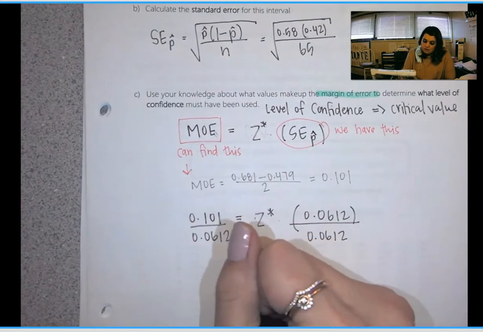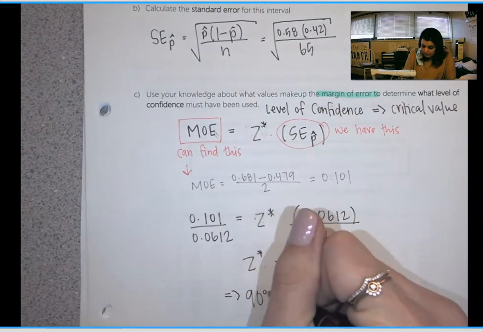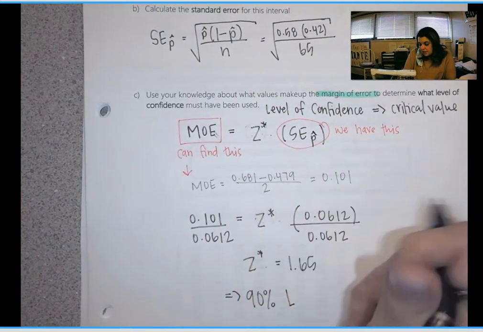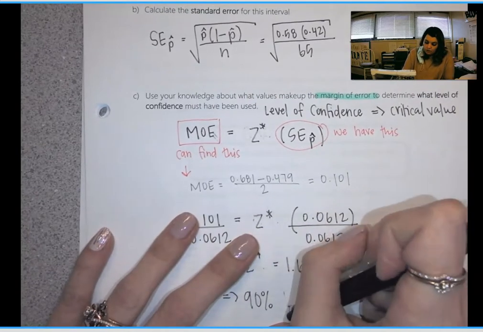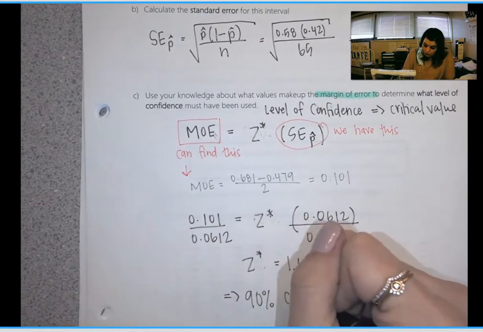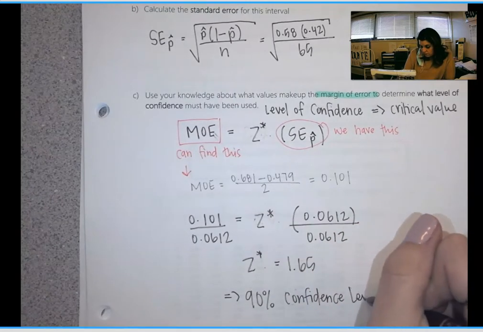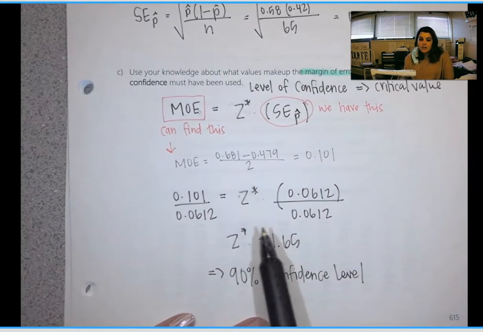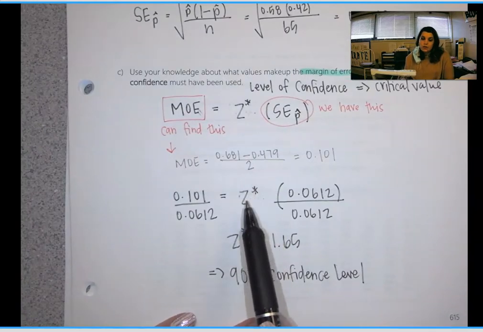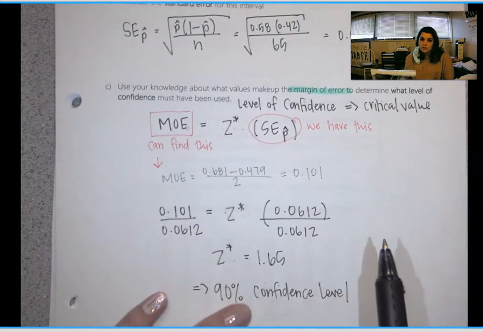That's 90%. So our confidence level was a 90% confidence level. So we found this by solving an equation using critical value to determine confidence level.